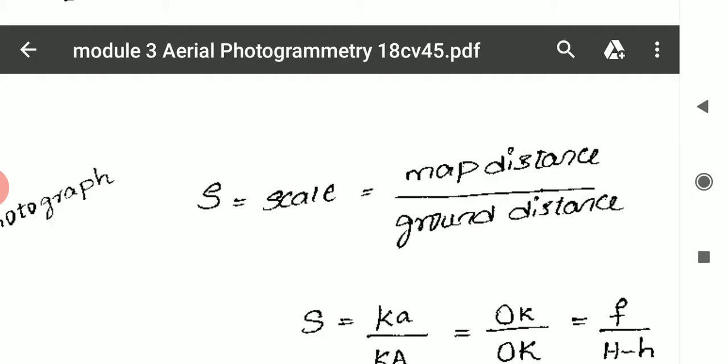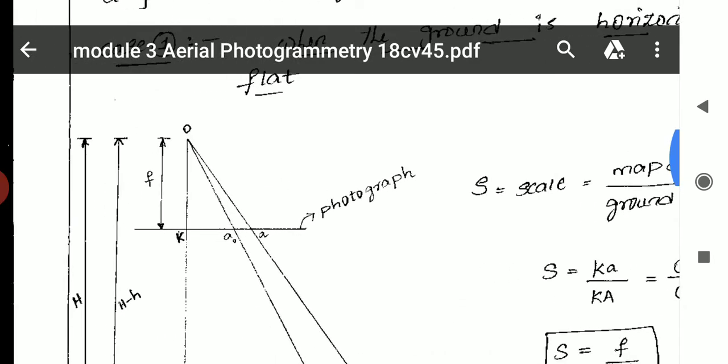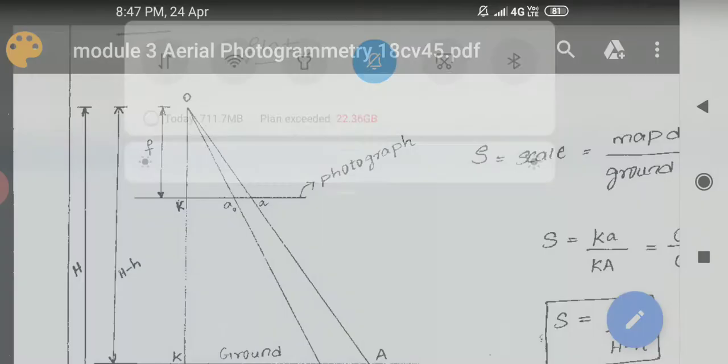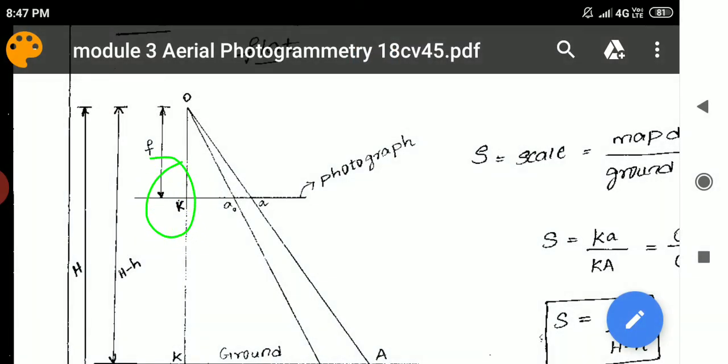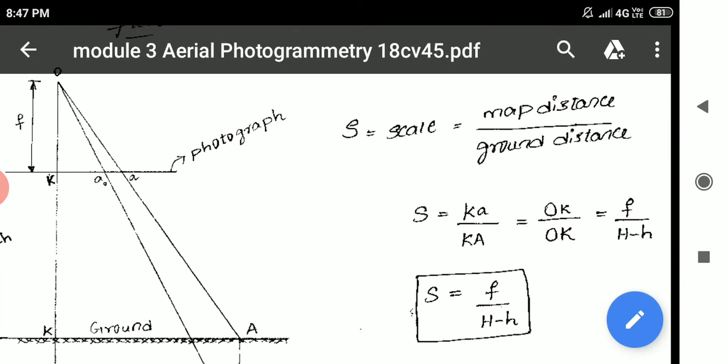Scale S is equal to map distance divided by ground distance. See here, the map distance is small k into small a, and the ground distance is capital K capital A. So map distance divided by ground distance is nothing but the scale.